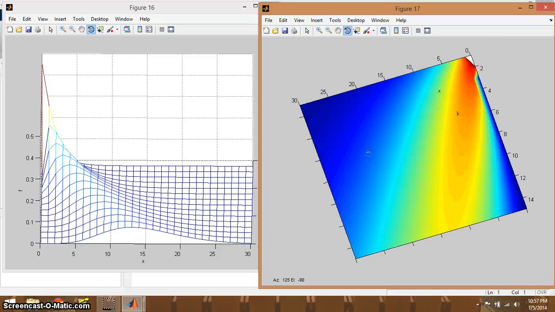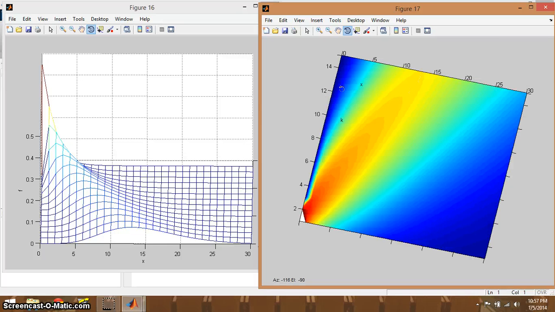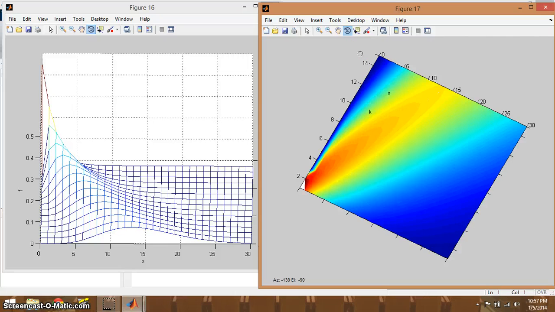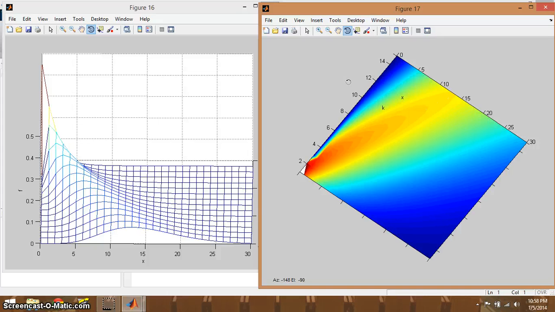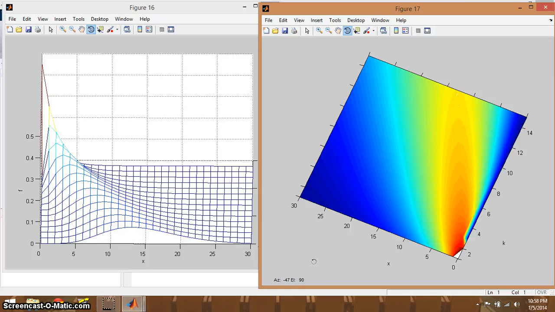Oh, annoying. After I'm done making this video, I need to learn how to use this rotation tool, because this is just wasting time. It's upside down now. Whatever.